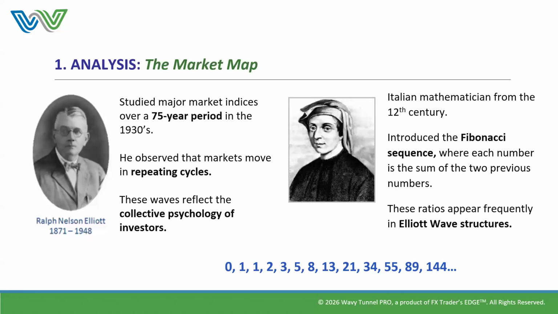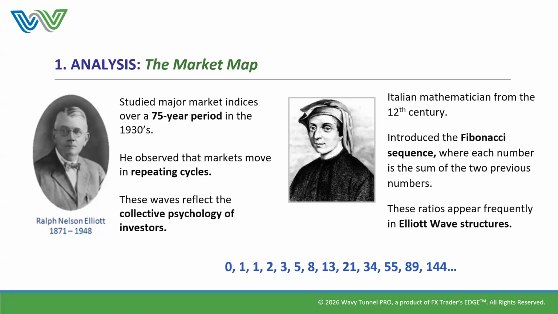Elliott studied major market indices over a 75-year period in the 1930s, and he discovered that markets move in repeating cycles driven by investor psychology. And then Leonardo Fibonacci from the 12th century introduced the numerical relationships that often appear within those cycles.